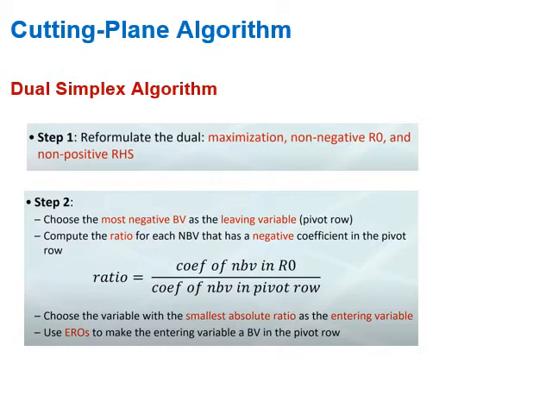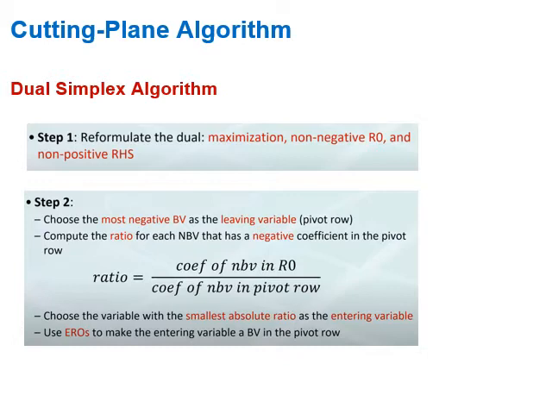If you remember the regular simplex algorithm, understanding and learning the dual simplex algorithm is very easy for you. The name is dual simplex algorithm because you will see we will be doing some opposite things with respect to the simplex algorithm. But still, the steps are similar, as I said.